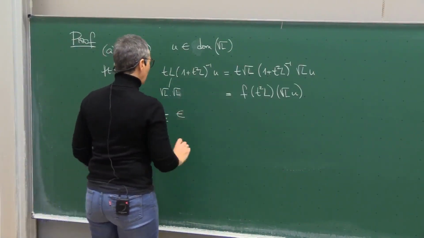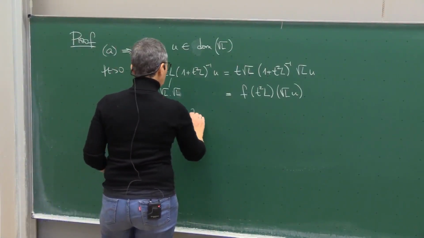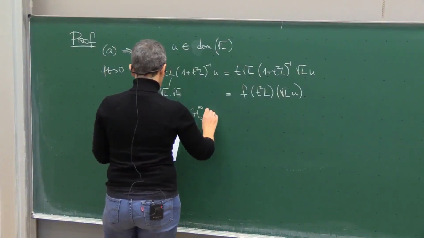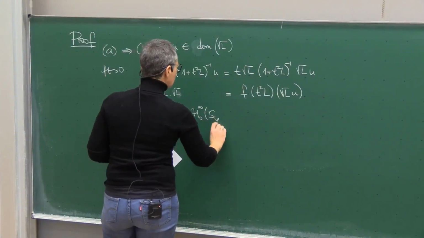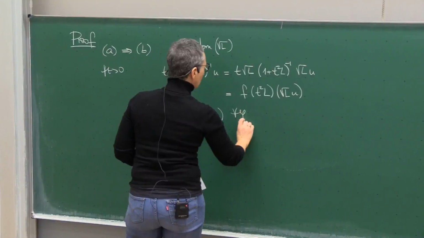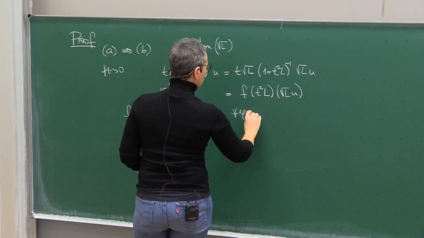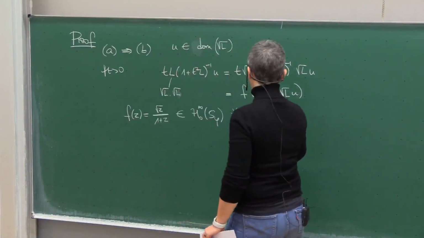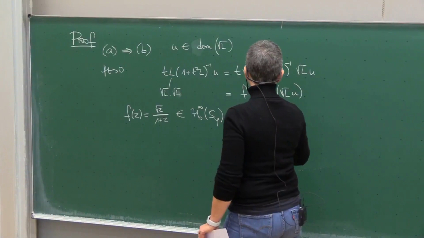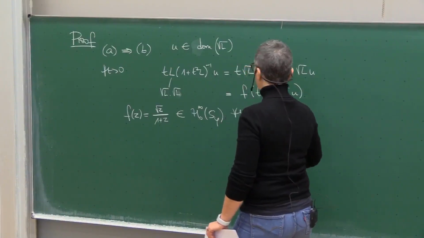It's in what is called H infinity 0 of S phi, for all phi between 0 and pi, right?